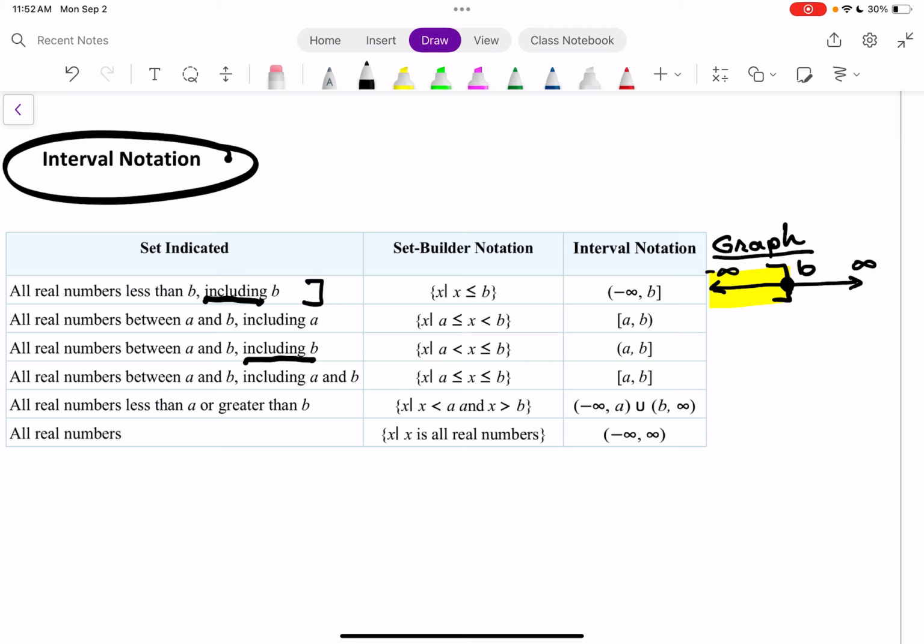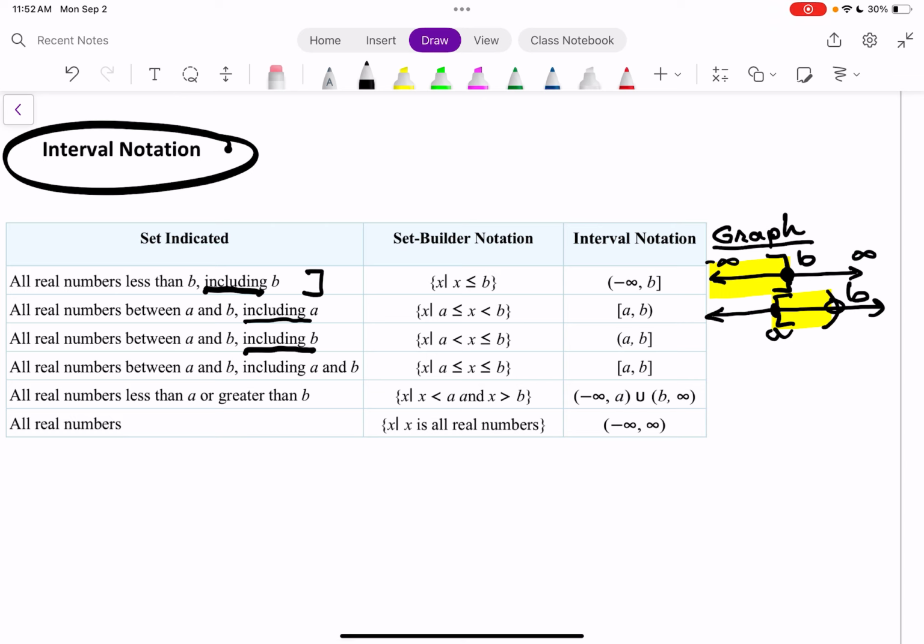Now let's say I want the numbers from a up to b, but a is included and b is not. So include, put a bracket. Not include means you put a parentheses. So here, including means you put a bracket. Don't include means you put a parentheses. Same thing here.